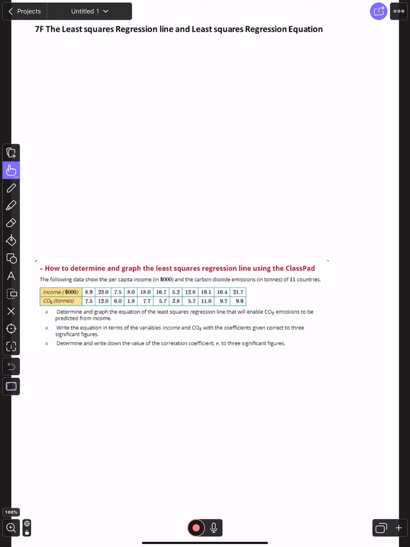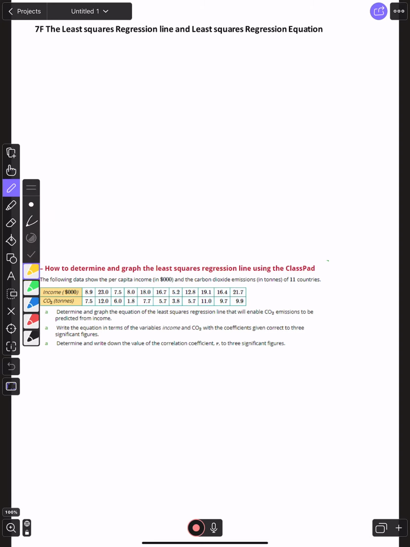Yep. So in the last video, we had a look at the Pearson's correlation coefficient, which looked at the strength of a relationship. So now we're actually going to look at fitting a line. And in the past, you've probably called this a line of best fit.